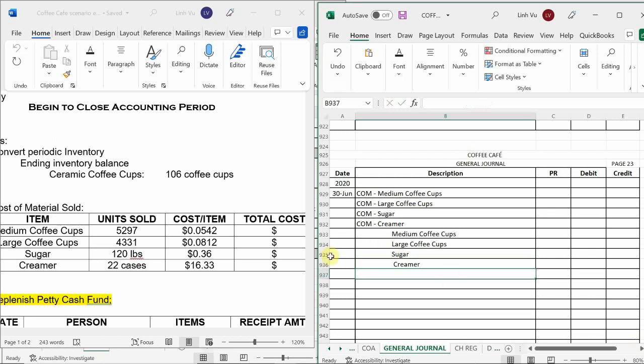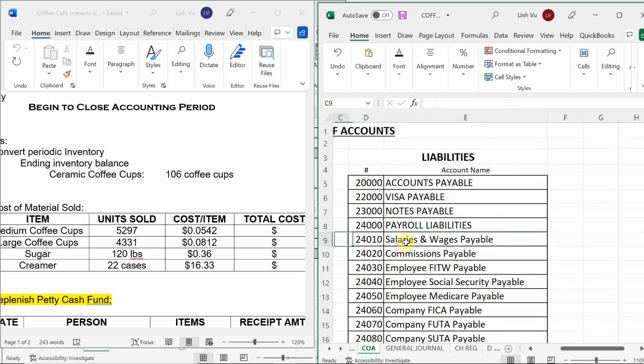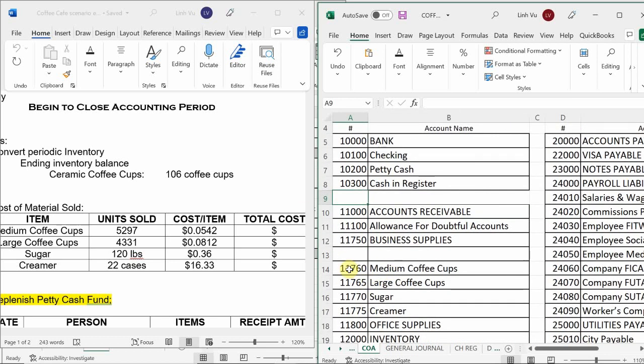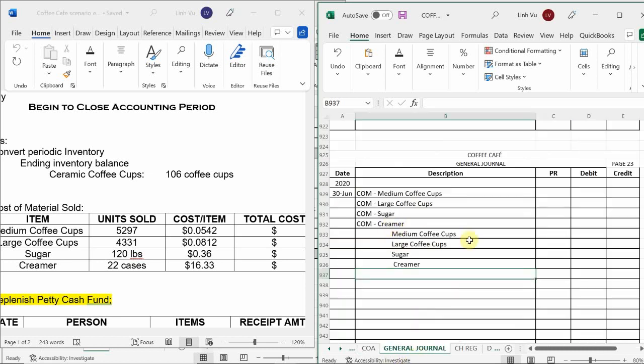And so therefore, let's go ahead and locate what those business supplies account numbers are. In this case, medium coffee cups is 11,760. Large is 11,765, sugar is 11,770, and the creamer is 11,775. Oh, and then your cost of materials was the 51.